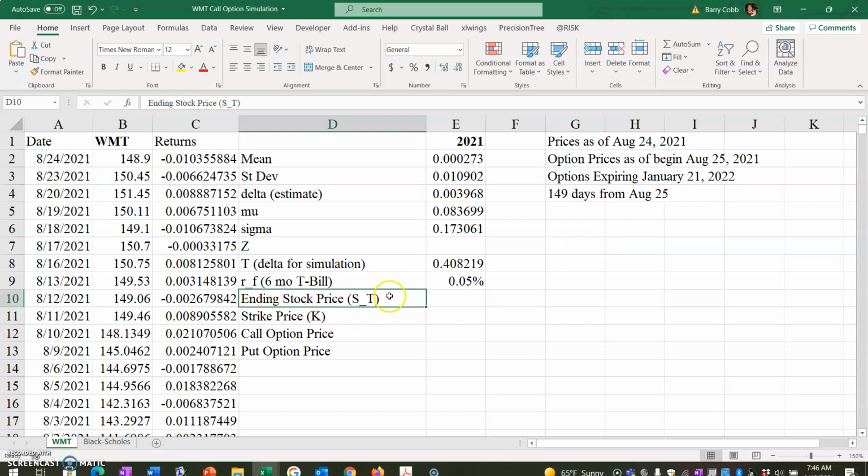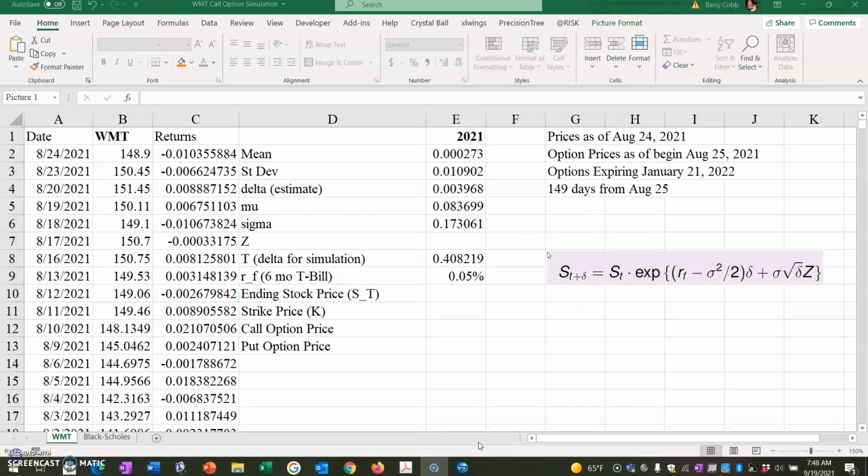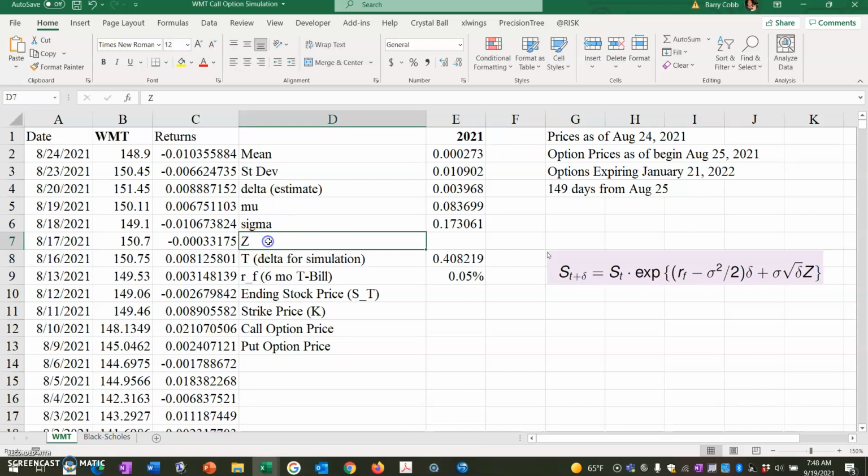All right, so we need to simulate the ending stock price on the expiration date for this option. To do that, we're going to need to create a standard normal random variable.